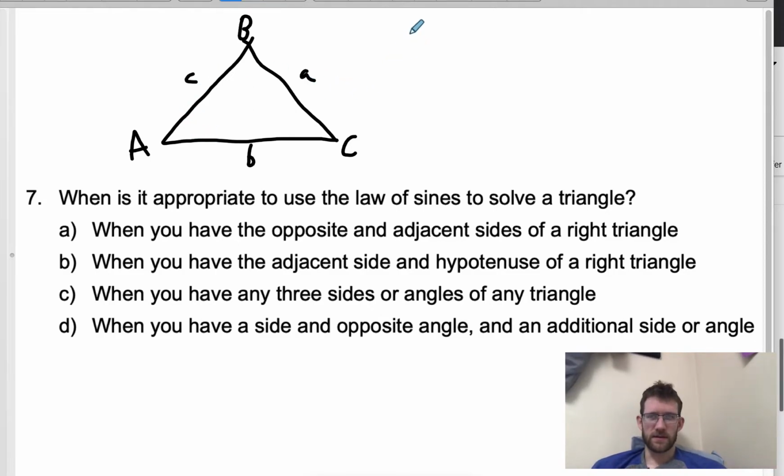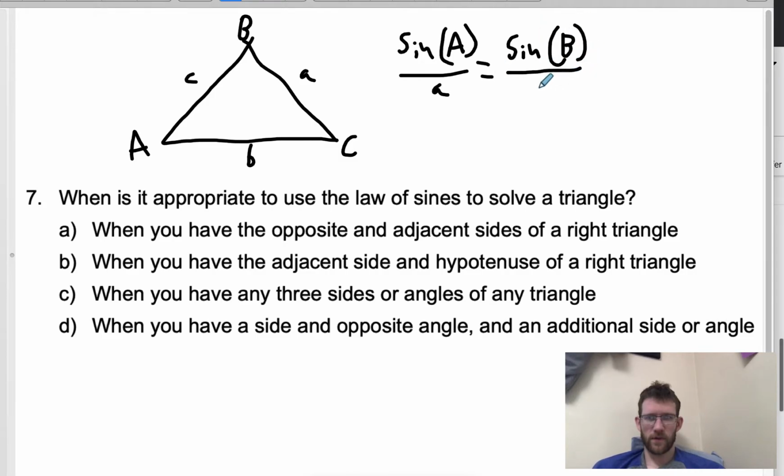So the sine of angle A over little a equals the sine of angle B over little b, which is equal to the sine of angle C over little c. And when we use the law of sines, we're only going to use any two of these.